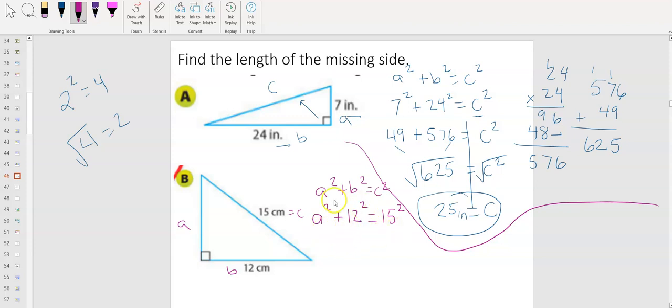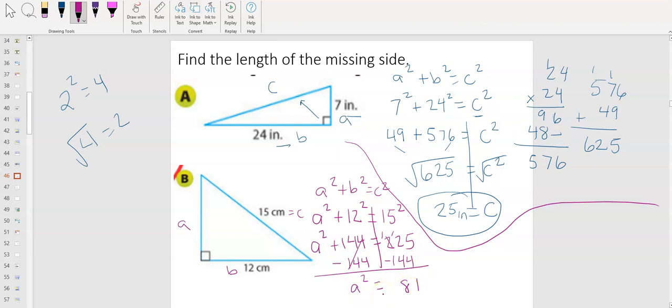I'm going to pause the video, do all of this, and then I'll join you again with an answer. All right, so you'll see here that I squared 12 to get 144, and I squared 15 to get 225, and I just did that on my calculator. And then to isolate A all by itself, I subtracted 144 so that I could get rid of it and move it to the other side, leaving A squared by itself and 81 on the other side.